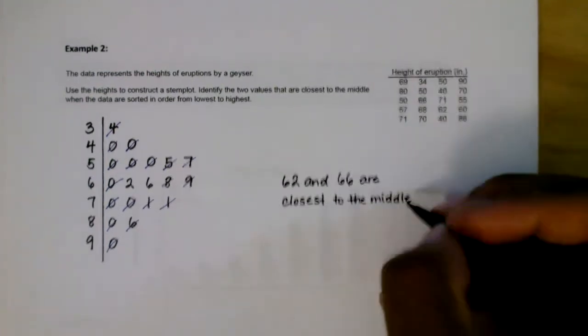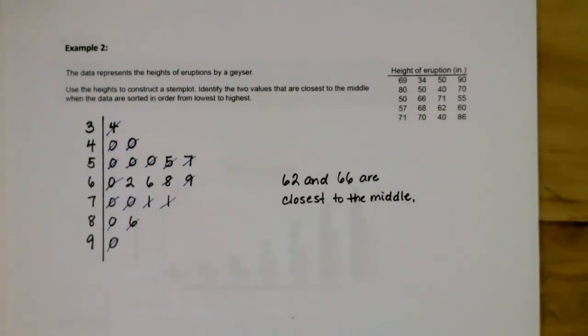And when we get into chapter 3, we're going to be talking about a term called the median, finding the median of a set of data values here. But this is just my technique of finding the two middle numbers. So 62 and 66 are close to the middle.